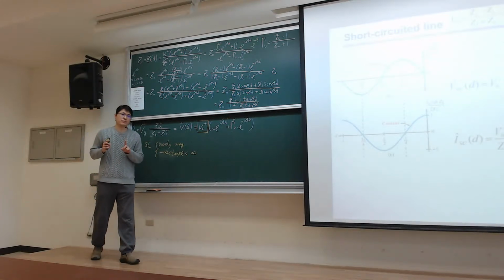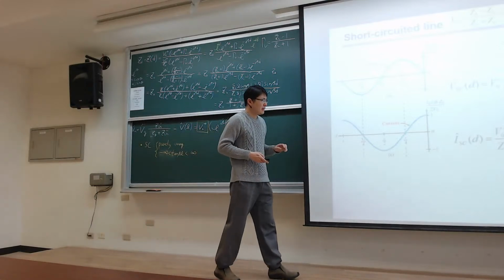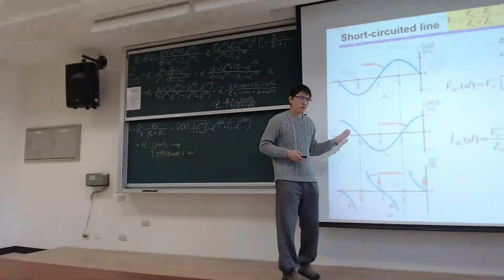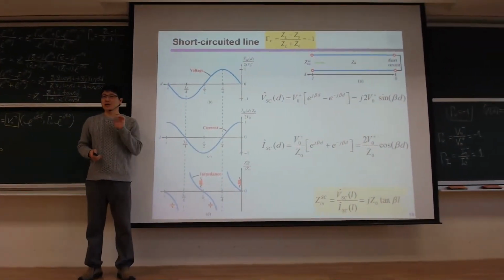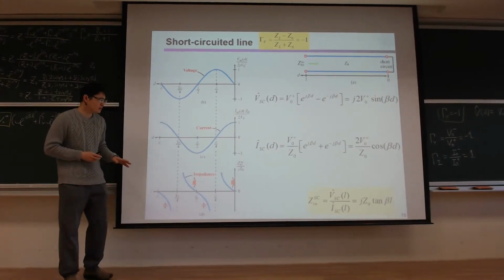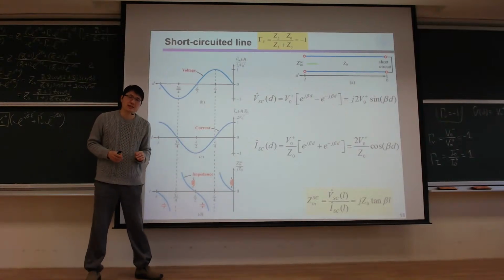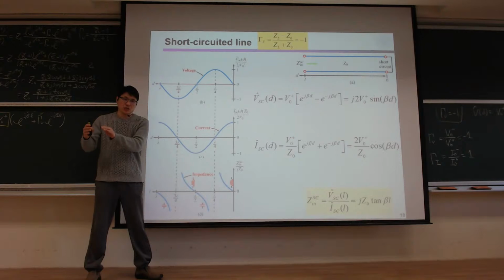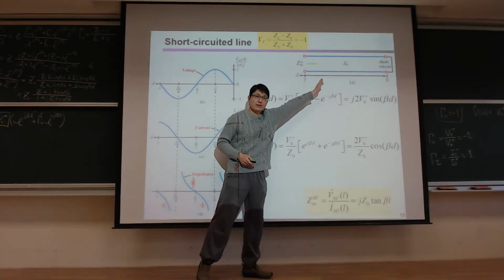What does that mean? It means when you short circuit a transmission line, and the transmission line is lossless, okay? That means the effective wave impedance will change its value as you change the transmission line length.